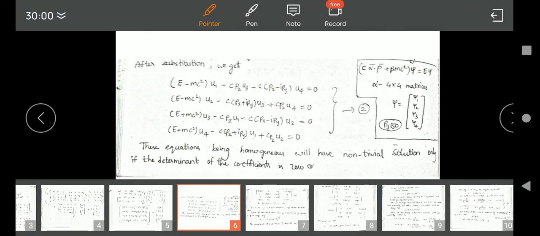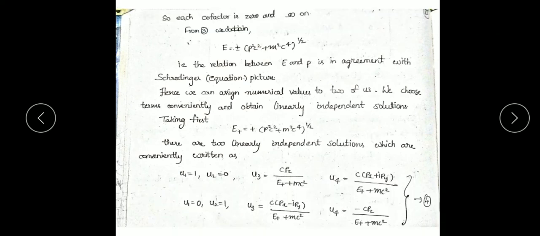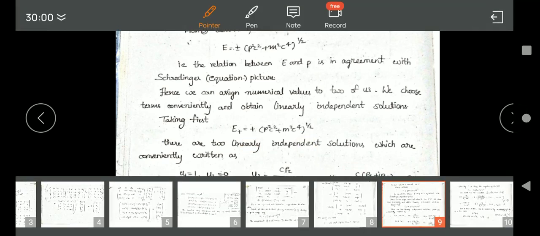In a similar manner here, minus c into px minus ipy. So u4 would correspondingly be c into px plus ipy by E plus mc squared. What happens is cpx plus ipy in the place of u4, here c minus c px minus ipy.